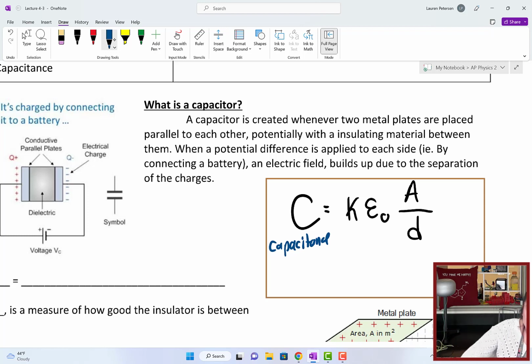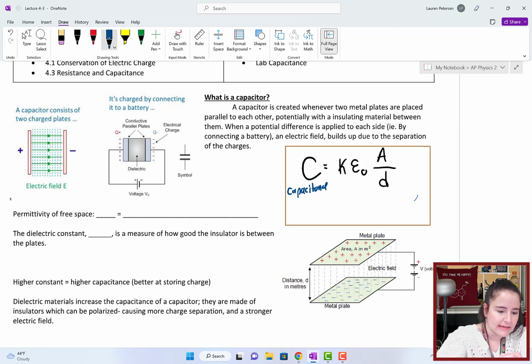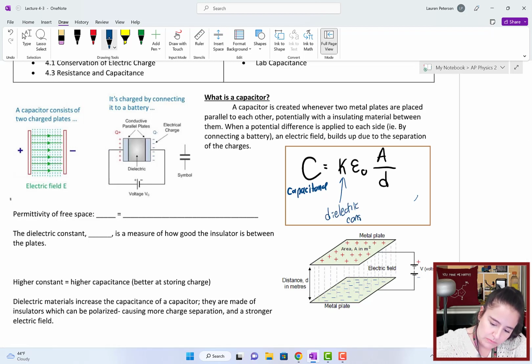Now, capacitance is in units of farads, okay? So farads, which we'll get to in a sec. Kappa is called the dielectric constant. Okay, that's kappa. And what it is, it's a measure of how good the insulator between the plates is.